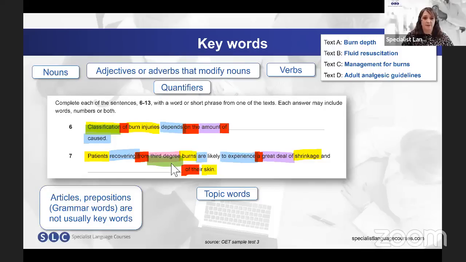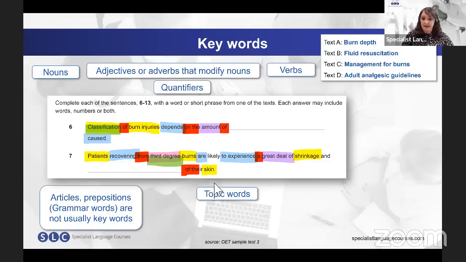So we've got some prepositions and we've got articles perhaps are not usually those keywords. We quite often call them those grammar words, the words that we need in order to make our sentence grammatically accurate, but they may not help you when you're looking for an answer to a question. Not always, but usually. So we usually focus on meaning words.